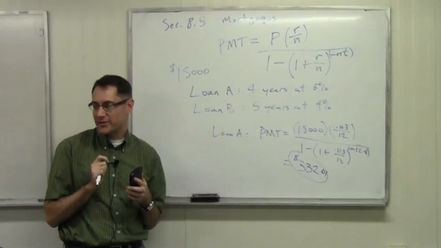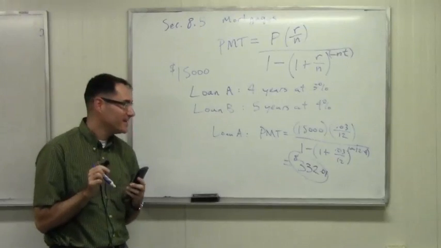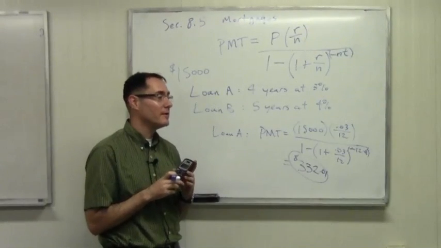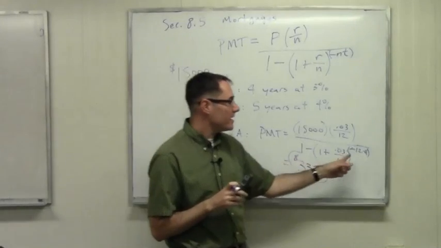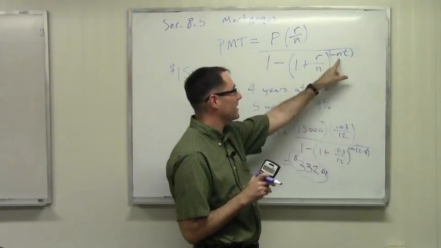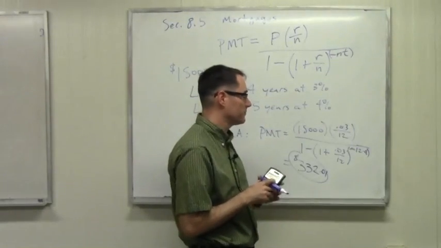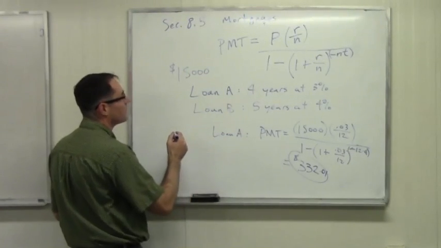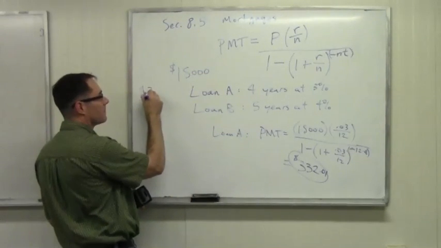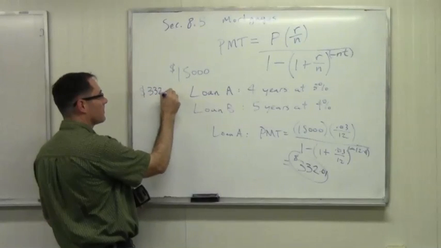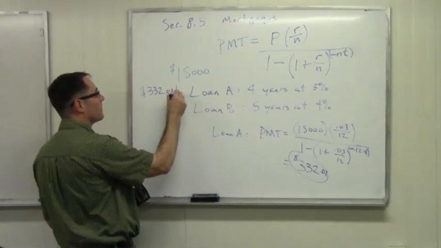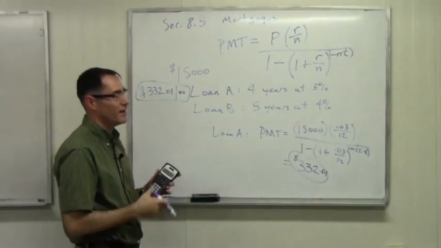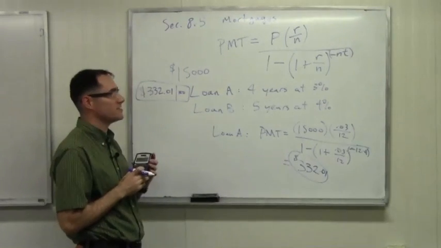Did you get the right answer to this one? No. You guys need to learn how to use these little calculators. I say negative 12 times 4. Negative 12 times 4, yeah, because it's negative nt. Good. Hopefully you guys are getting values like $332.01 per month.